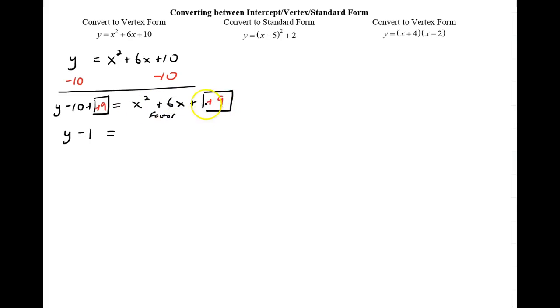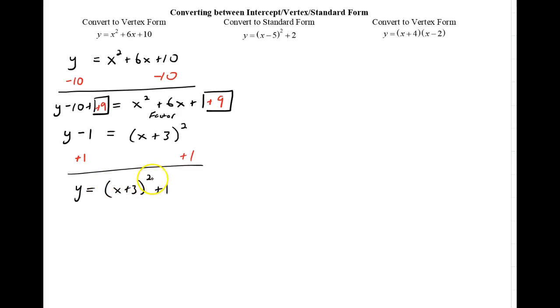So this perfect trinomial factors to x plus half of that 6, which is 3. So this is equivalent to this. And now I just want to move the 1 to the right side to put it in vertex form, because in vertex form the y is going to be by itself. So I get y equals x plus 3 quantity squared plus 1.